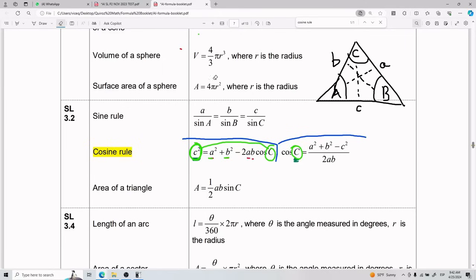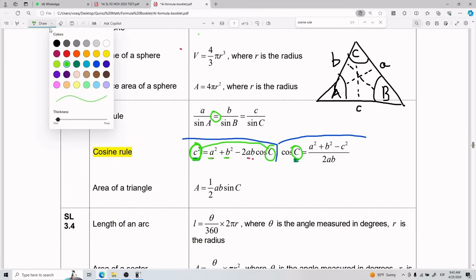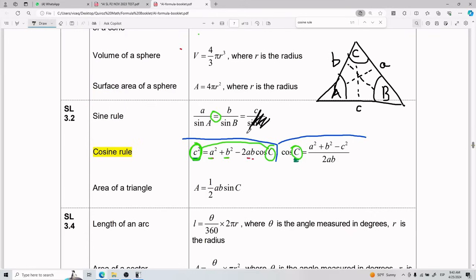While the sine rule clearly works in pairs, because you have 2 equal signs, you can just look at it like this. Now, to make this a little bit more intuitive, you have little letters on top, big letters on the bottom.